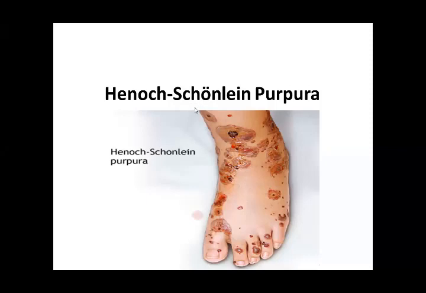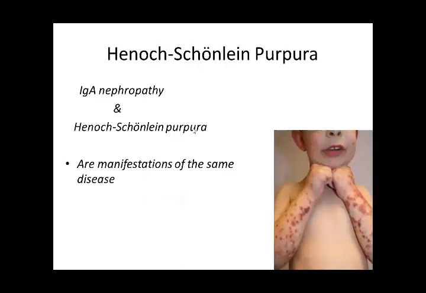And in IgA nephropathy, what is very special, where are immune deposits seen? In the mesangium. Immune deposits are there in the mesangium. Hematogenous purpura and IgA nephropathy are manifestations of the same disease, right?